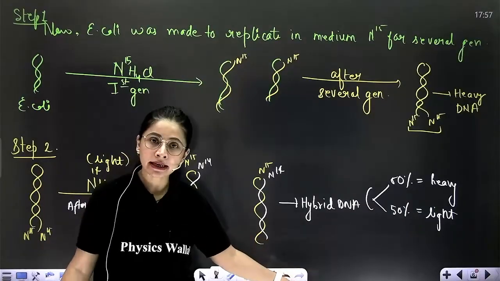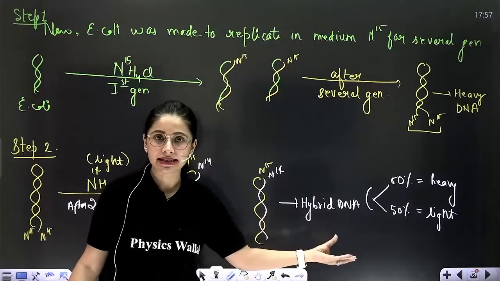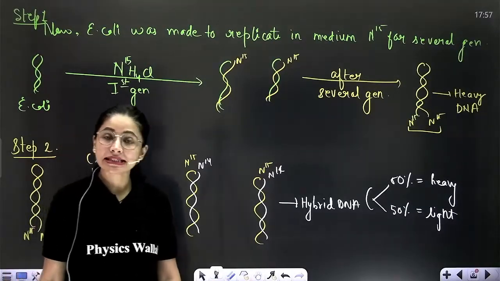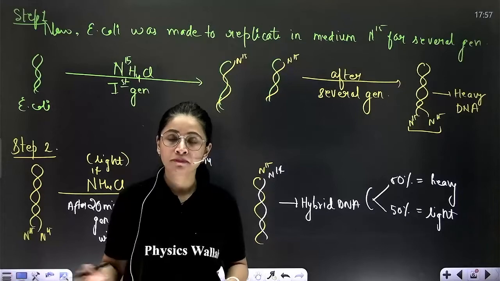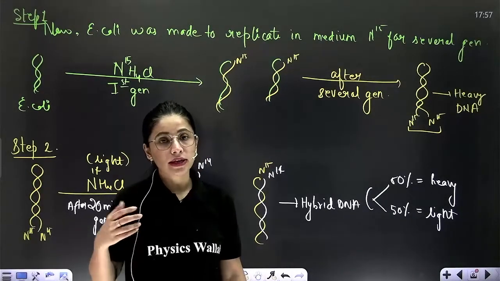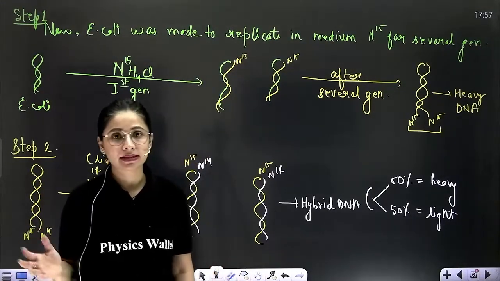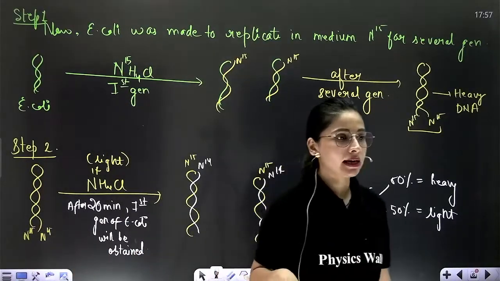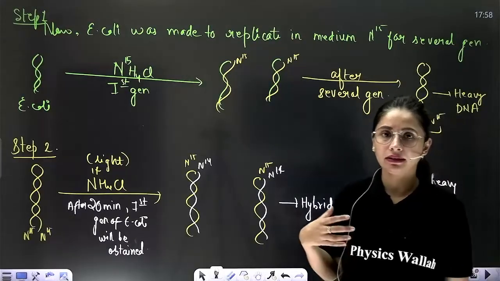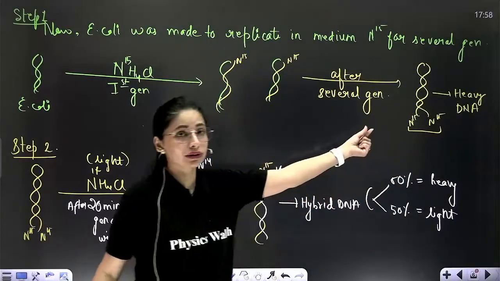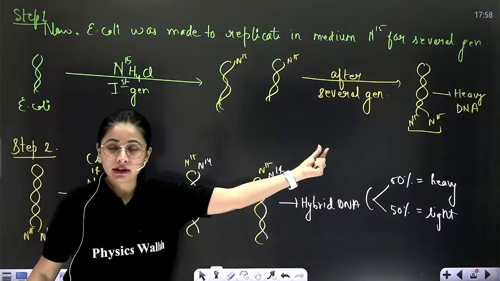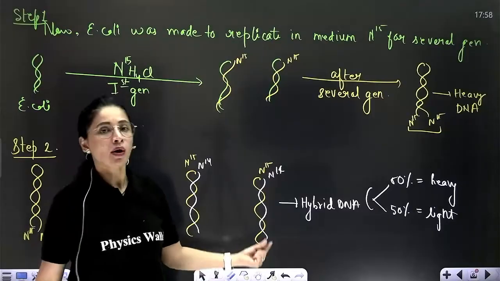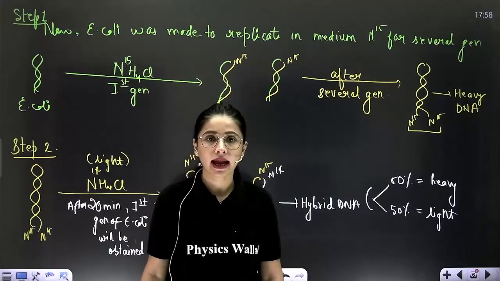Now, how to check whether it has become hybrid or still it is heavy? For that, you need to perform centrifugation in cesium chloride medium, like Hershey and Chase did. In centrifugation, we separate the components on a density basis, right? Heavy DNA, in which both the strands are having N15, will be heavier in nature as compared to the DNA which is having one strand N15 and one strand N14.